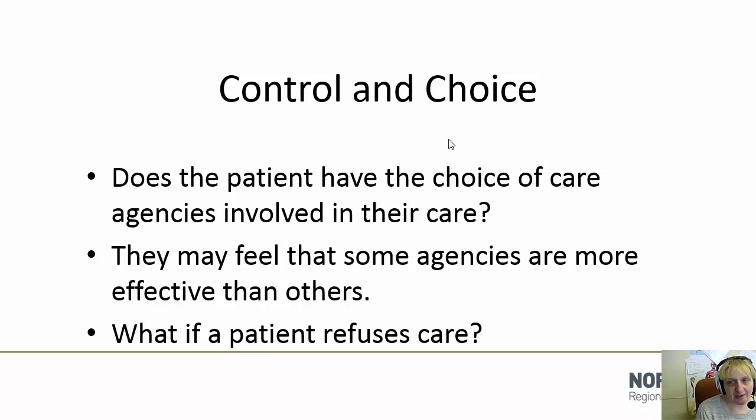And then you can decide whether or not that is to the benefit of the patient or not. There usually is quite a lot of ethical dilemmas around care.